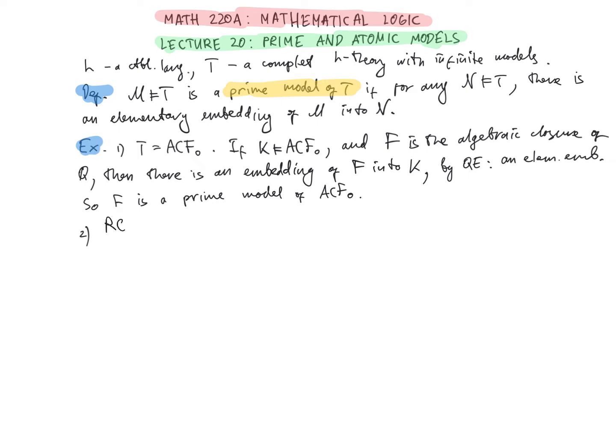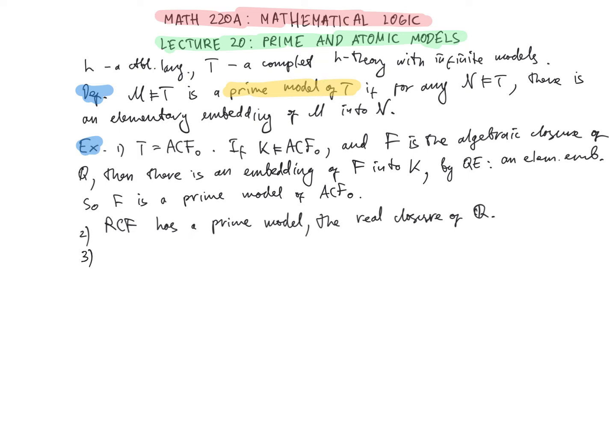Similarly, the theory of real closed fields, RCF, has a prime model, namely the real closure of Q, as we have already discussed in the lecture on quantifier elimination in RCF.